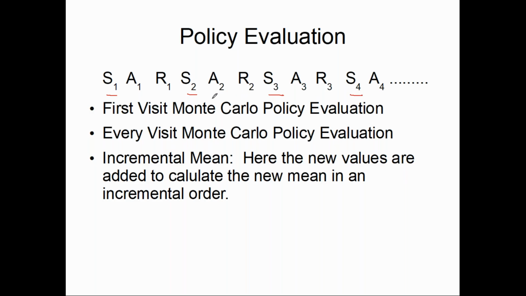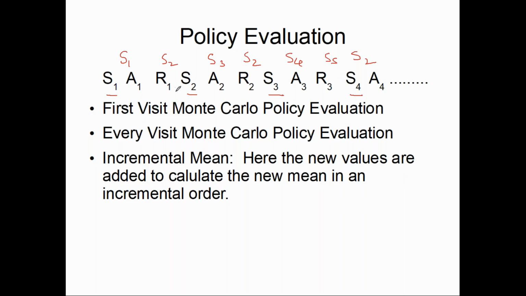This is a sequence. But sometimes it will not be such a simple sequence. There are some chances that S1, S2, S3, then it comes back to S2, then S4, S5, and again maybe comes back to S2. Such situations are there.